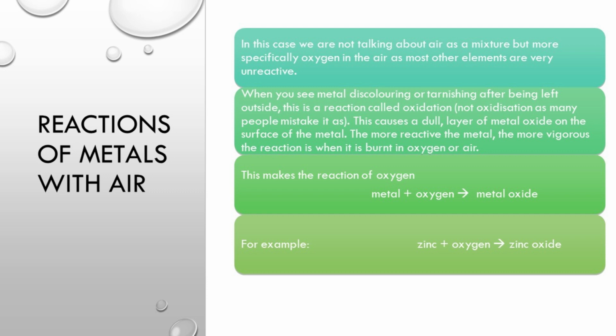The more reactive the metal, the more vigorous the reaction is when it is burnt in oxygen or air. The reaction between a metal and oxygen is metal plus oxygen goes to form metal oxide. For example, zinc plus oxygen goes to form zinc oxide.